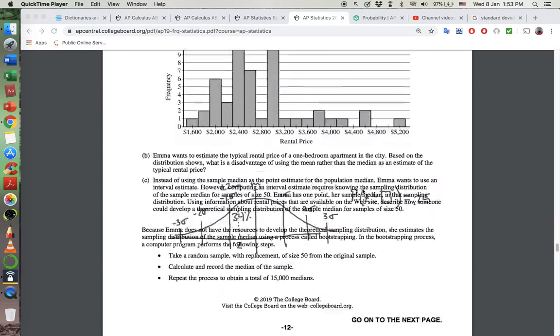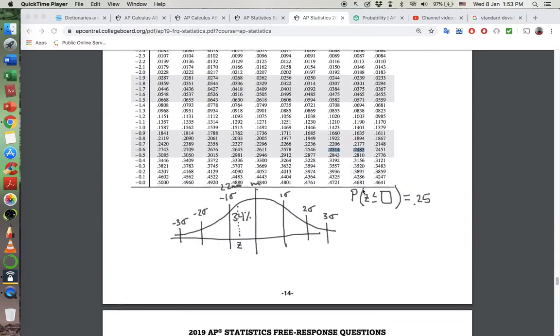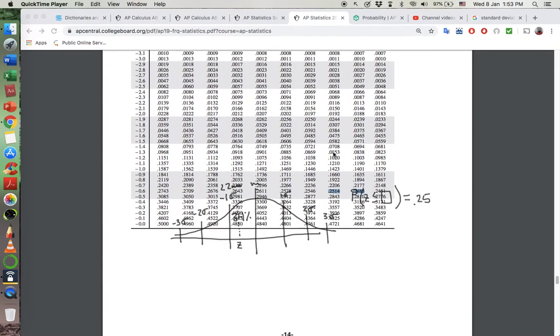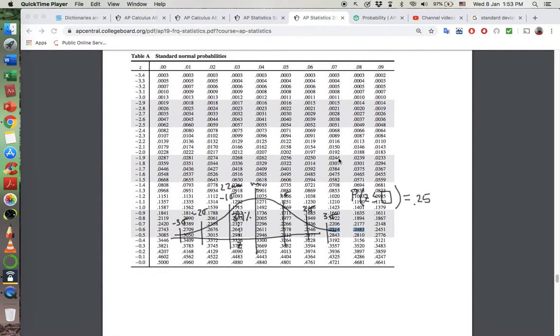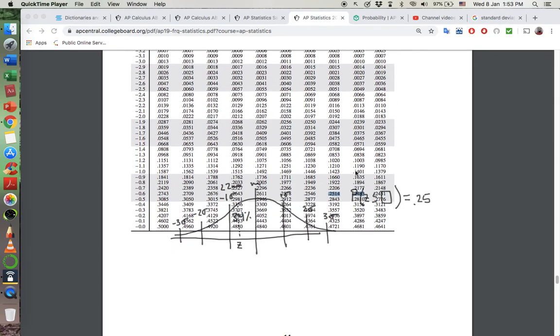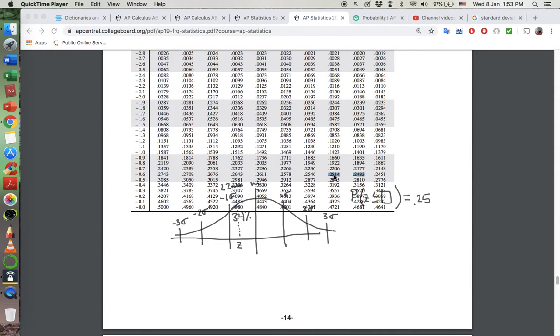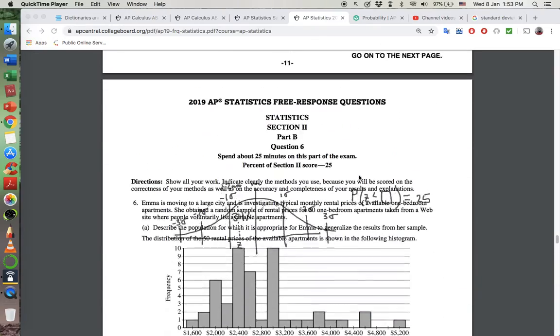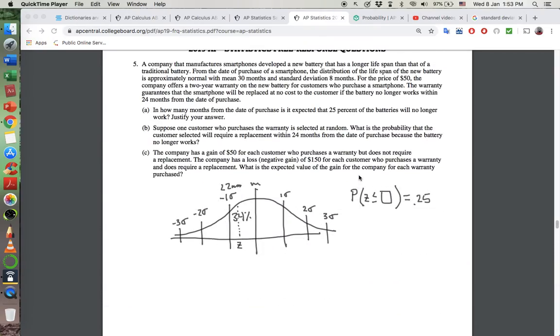So let's look at the tables that you can find on this test or in any statistics book, and I've got them highlighted already. Between negative 0.67 and 0.68, we've got 0.2514 and 0.2483. Now that's not perfect, so we're going to have to do a little bit of arithmetic to find a number that's a little bit closer.